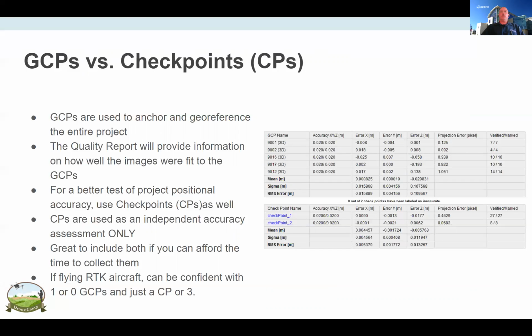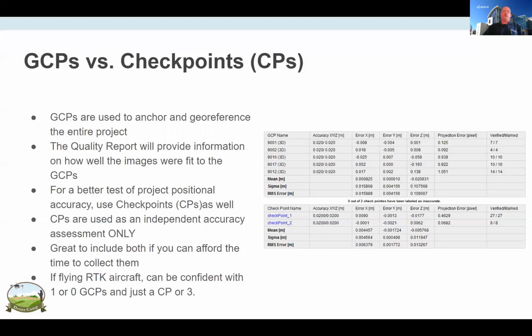You mark the checkpoints in the images, but the software never tries to make that pixel fit that position. It just tells you how far from that position that pixel actually is according to the model. So a checkpoint is used for an independent accuracy assessment as opposed to the ground control points, which are used to actually fit and georeference the model.